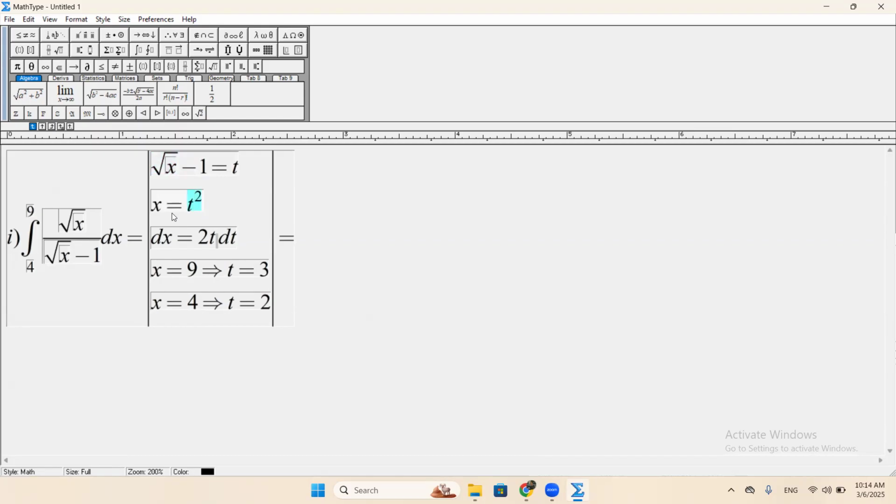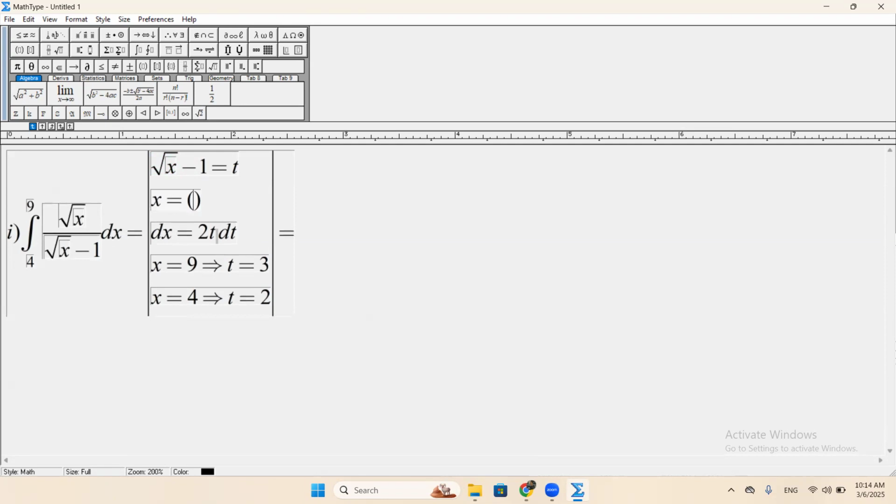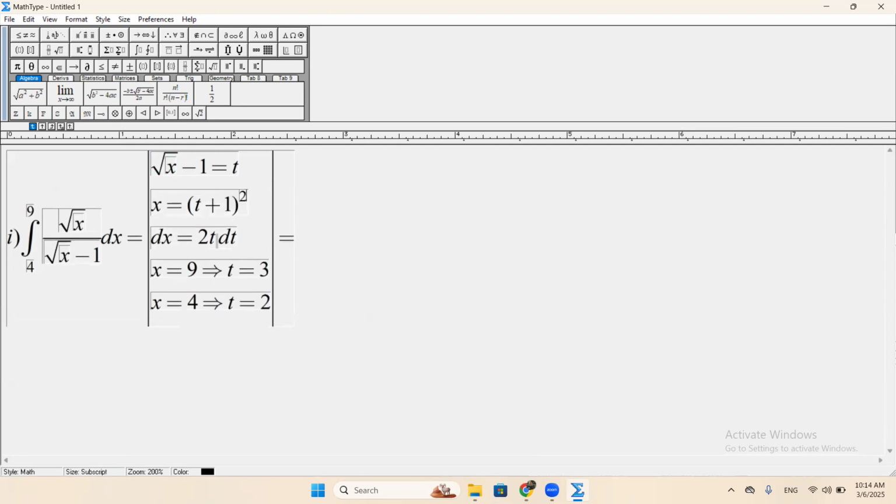So x would be equal to t plus 1 in power of 2, and dx would be equal to 2(t plus 1) dt. And then if x equals 9, t equals 3.